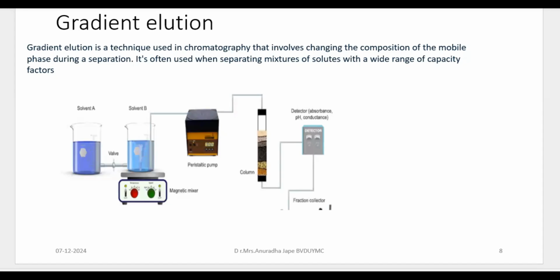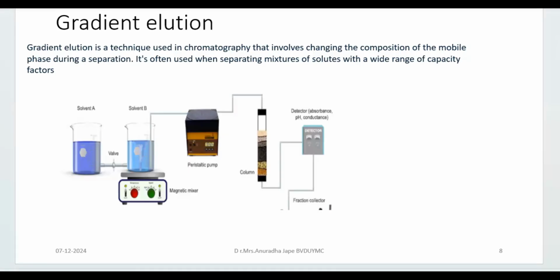It's not just about choosing a solvent system and mobile phase that is adequate for the chosen analyte, but it is very important at what rate it flows down the column. That flow rate of the mobile phase or elution is very critical and will decide the success of your chromatographic separation.